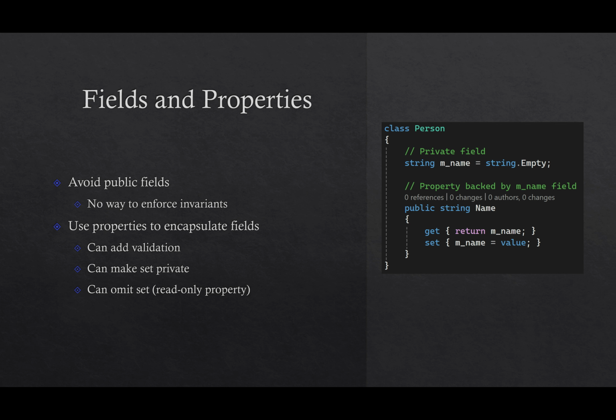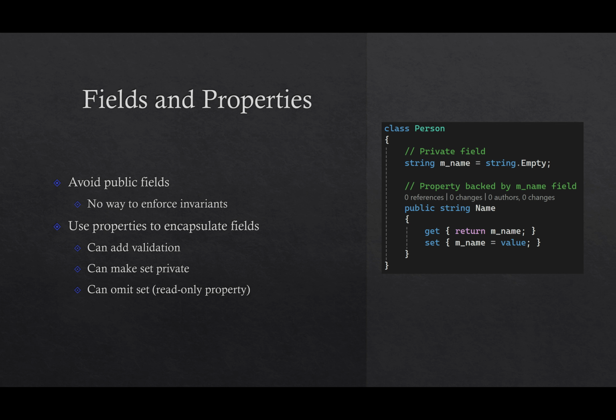They have the special names get and set. Get just returns the value of the property, so anytime you reference the property, like on the right-hand side of an expression, the get method is invoked to return the value. Anytime you're setting the property, the set method is invoked to set the value. And within the set method, there's a special implied parameter called value, which is whatever value you're setting it to. So here the get and set methods are just trivial methods.